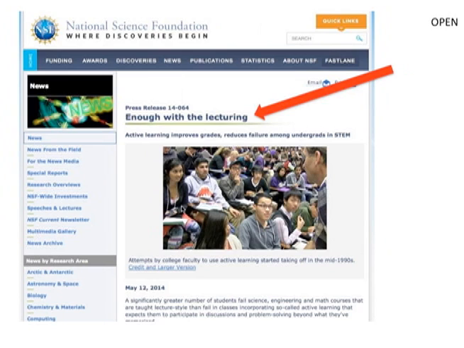This was a meta-analysis of 225 studies in undergraduate STEM courses. And specifically what they found was that active learning increased exam scores or scores on concept inventories by approximately 6%, or an average of half a letter grade. This was an effect size of about 0.47 standard deviation.